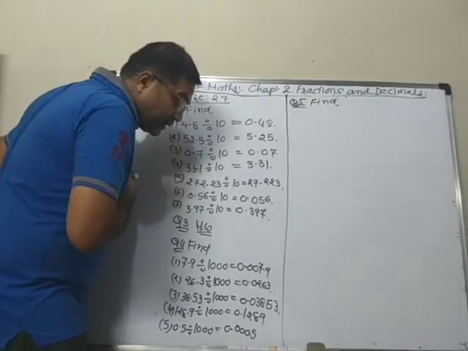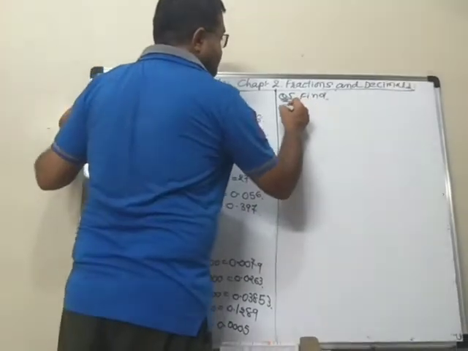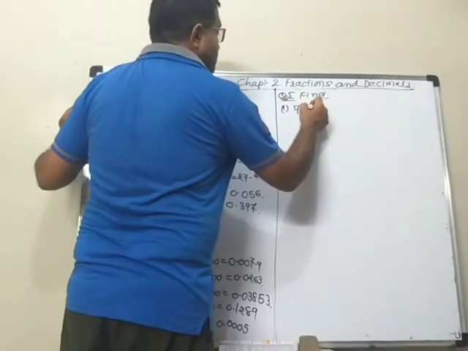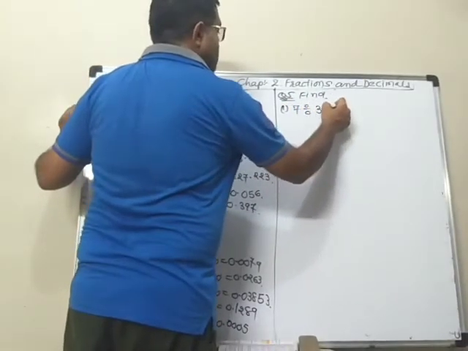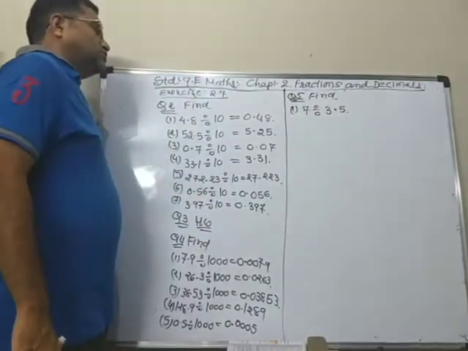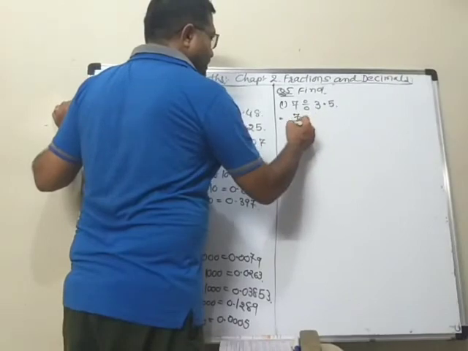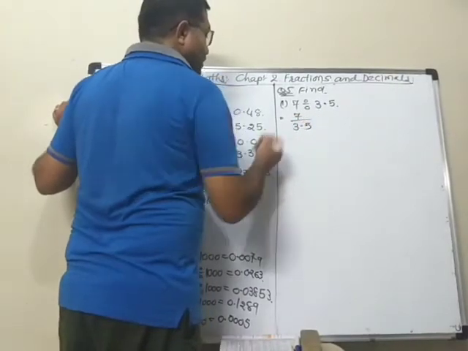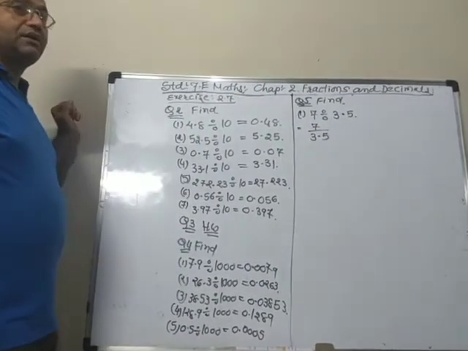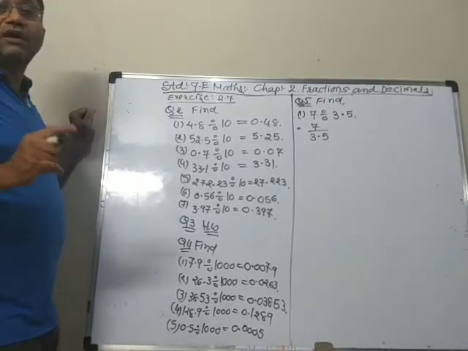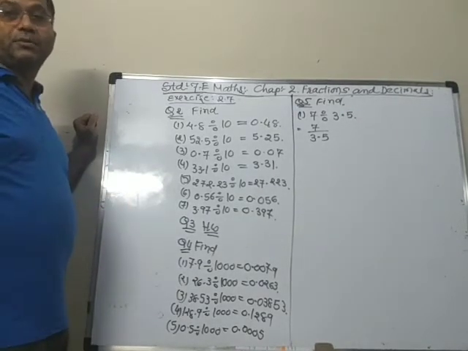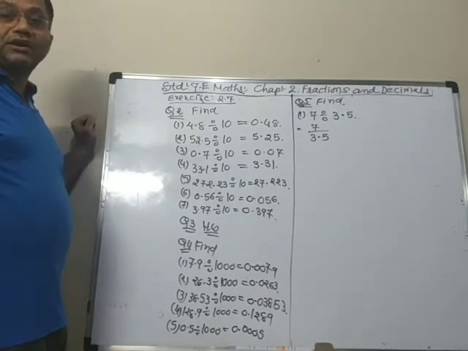7 divided by 3.5. So here we can write down like that 7 upon 3.5. Now we need to convert that number in the denominator as a whole number.